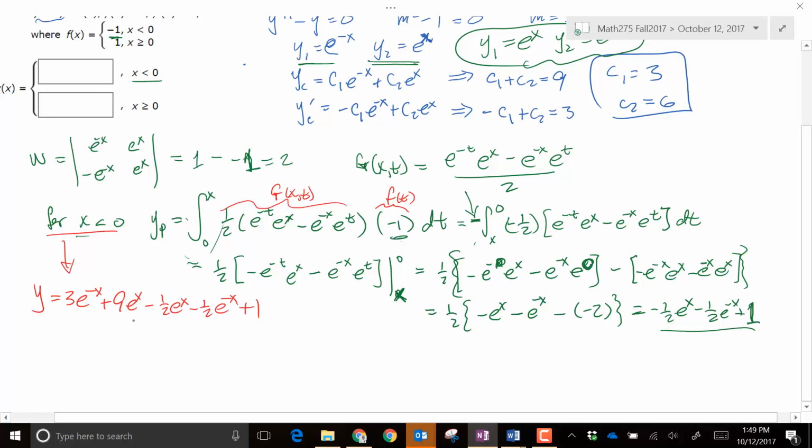It looks like we can combine. We have 3 minus 1/2. That's 2.5, right? So 5/2 e to the negative x. And then the 9 minus 1/2 is, what is it, 8.5.